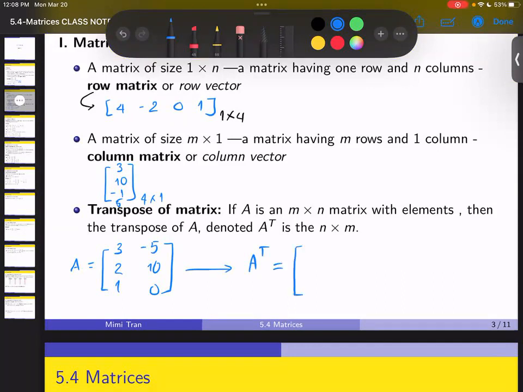All you do is the first column turns into the first row. The second column turns into the second row. That's all. So 3, 2, 1 is going to lie horizontally like that, and then -5, 10, 0. Does that make sense? Rows become columns, columns become rows. That's all.